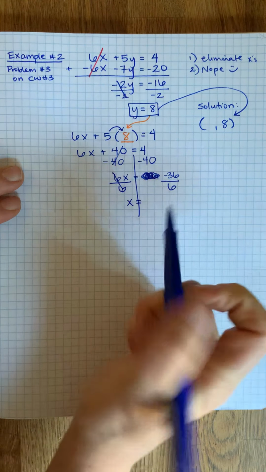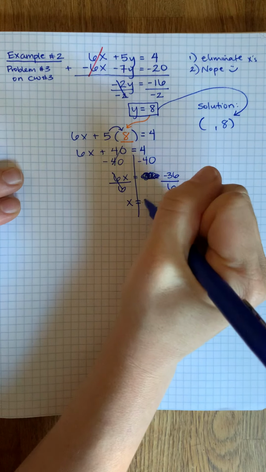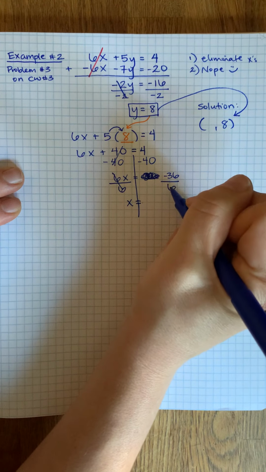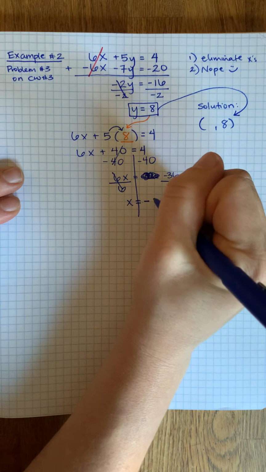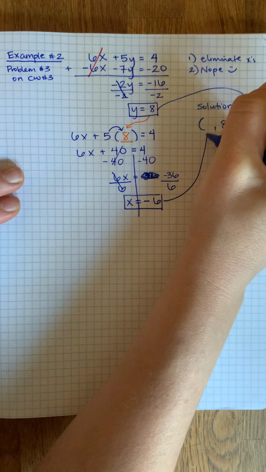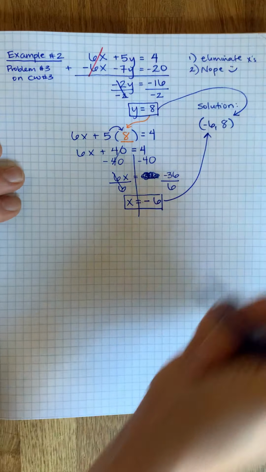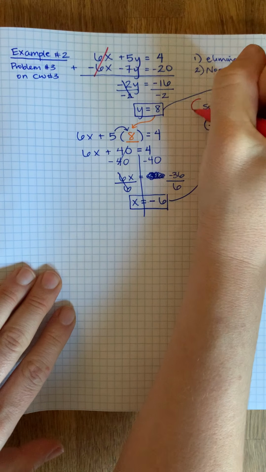X equals -36 divided by a +6. They're different signs, right? A negative and a positive, so I end up with a negative. And 36 divided by 6 is -6. And that is my solution.